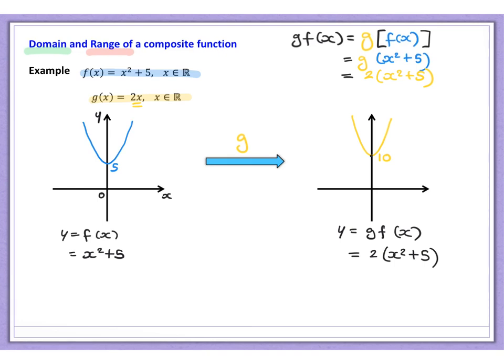So let's have a look at the information step by step. The function y equals f of x has a domain of x is a real number. Its range is y is greater than or equal to 5, or f of x is greater than or equal to 5.